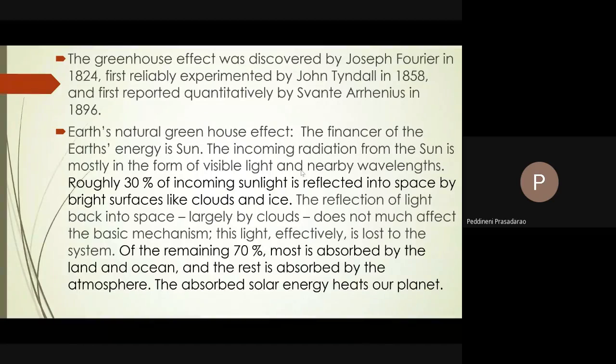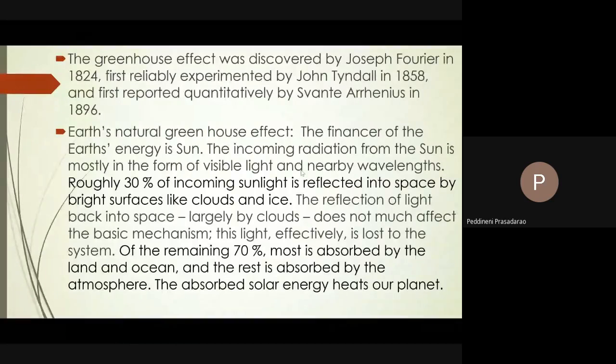It is absorbed by the gray body, and once it is absorbed, again part is absorbed and the rest is reflected back. So this is what exactly is happening. The entire energy that is received by the troposphere, part is sent back to space, maybe by clouds and ice.